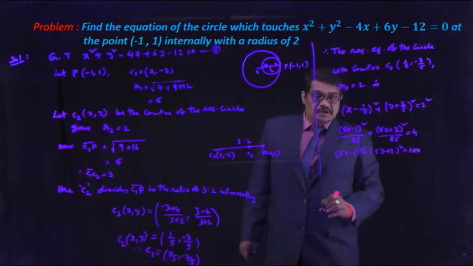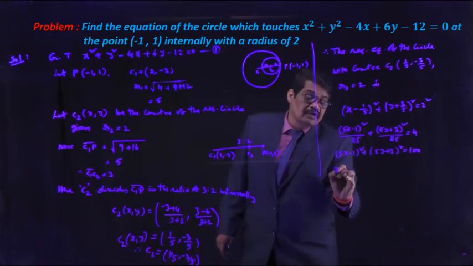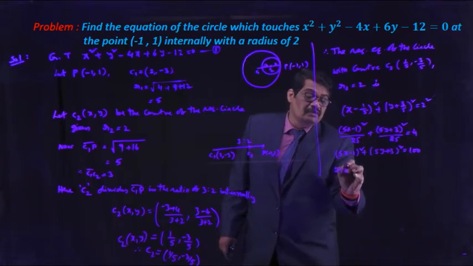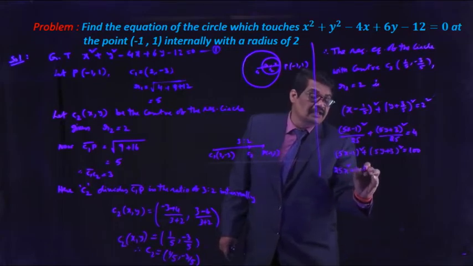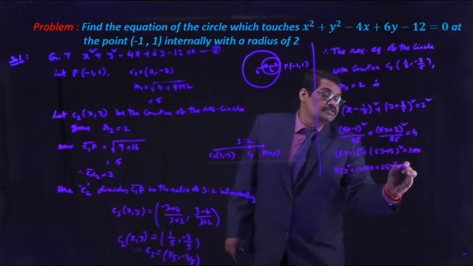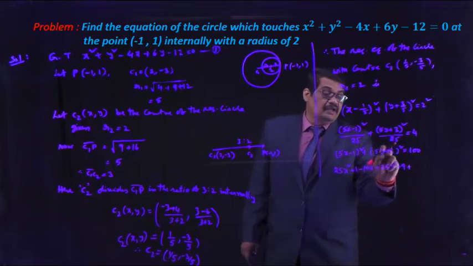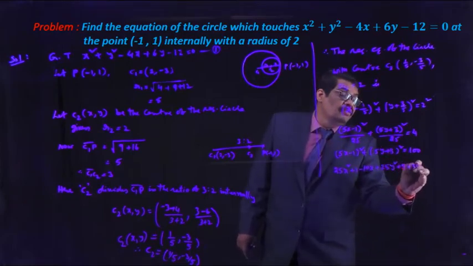This is 100. Now this equation expanding. So 5 square, that is 25 x square plus 1 minus 10x. Here 25y square plus 3 square is 9. Next what is here? 2 into 5, 10. 10 into 3, 30y is equal to 100.